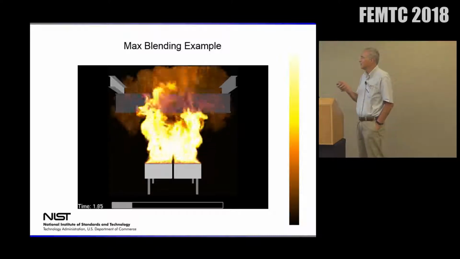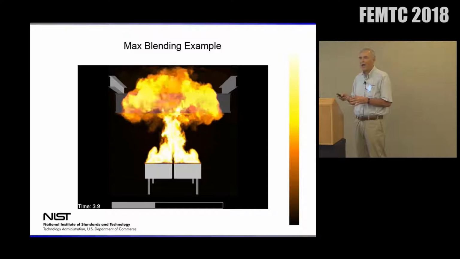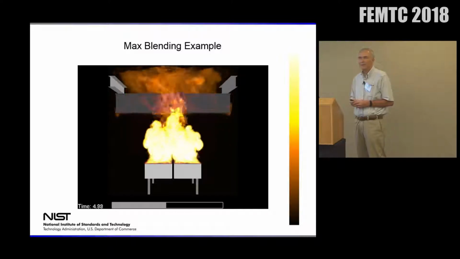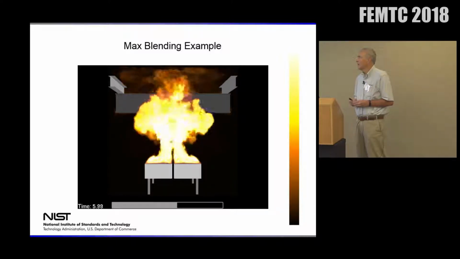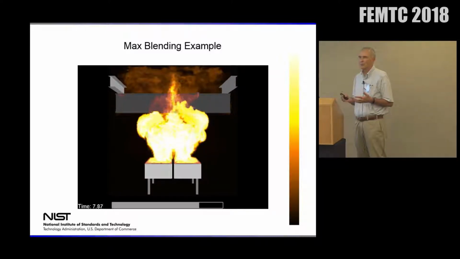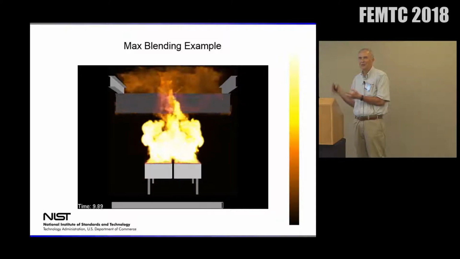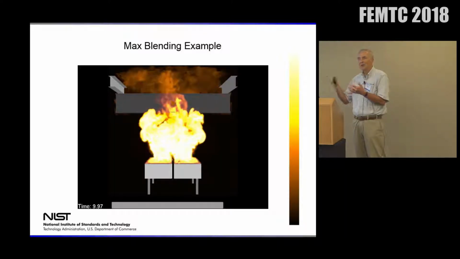So here's the same fire using this max method. Now, one of the things I want to do is figure out how can I have my cake and eat it too. I mean, here I'm not really solving the radiative transport equations directly. I'm using this strategy for drawing the flame.